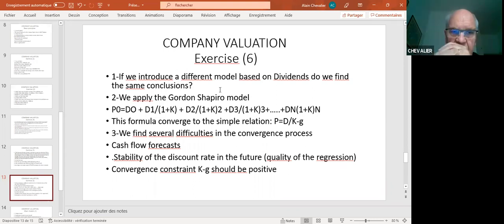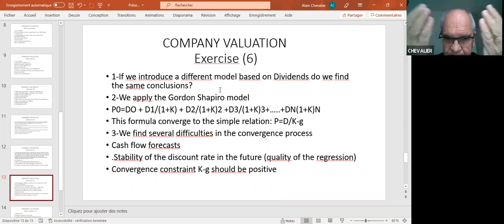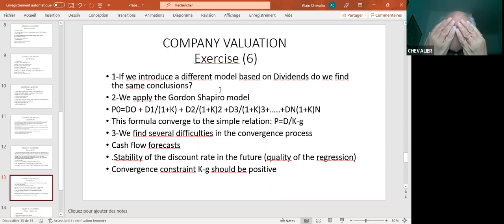Whatever you do, you apply the same approach using cash flows and discounting cash flows, whatever cash flow you use, or you do that with an application on dividends, which is the basis, the original model. You need a good cash flow forecast before.